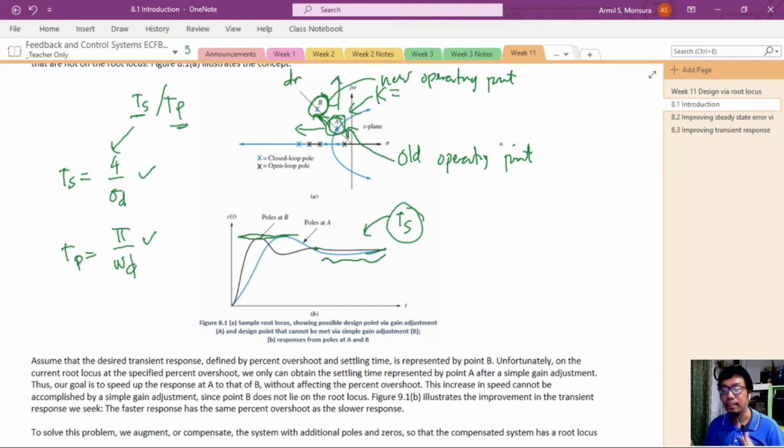So that mamimeet niya ang certain, say for example, overshoot or certain damping ratio. Okay. And then i-redesign natin yung controller natin such that yung operating point na yan, magagalaw natin into a new operating point that would meet our requirements. Okay? So, babalik tayo sa question natin. How do we then reshape this root locus and at the same time, make the root locus pass through a new operating point?